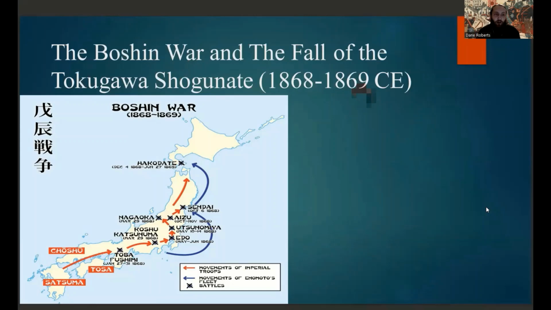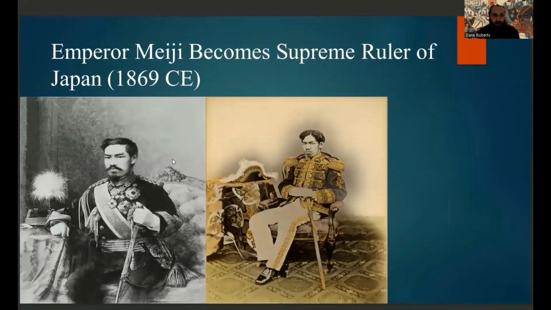The Boshin War was an event when the emperor, alongside an alliance of three very powerful daimyo clans, the Satsuma, Choshu, and Tosa clan, were able to, through the course of a year, defeat pretty handily and almost completely, with the exception of only a couple of battles, the Tokugawa shogunate and its army, eventually seizing the throne of Japan for itself and enthroning Emperor Meiji as the supreme ruler of Japan, as you see here.